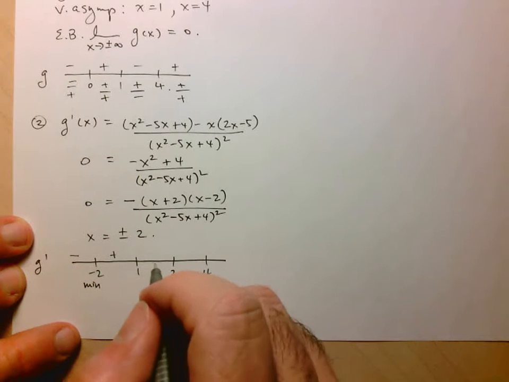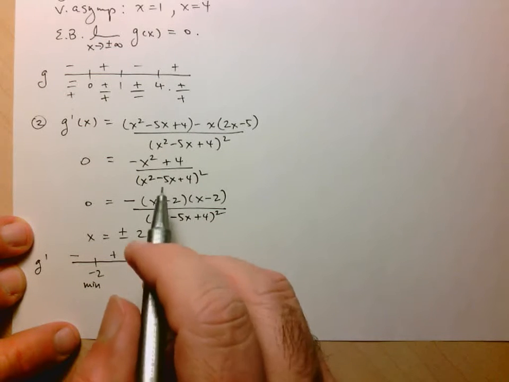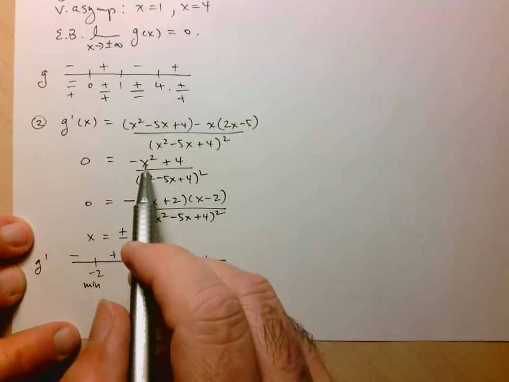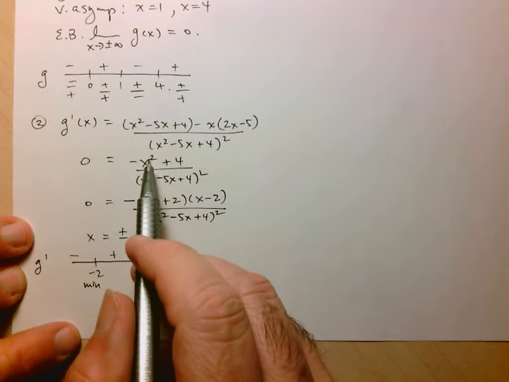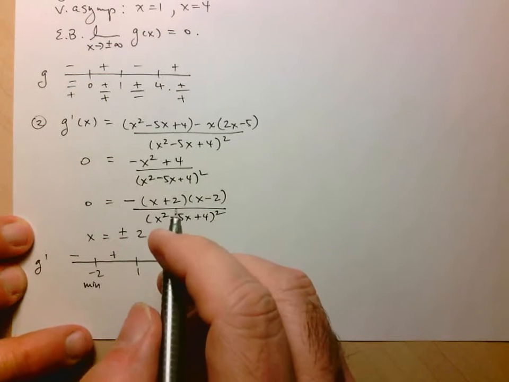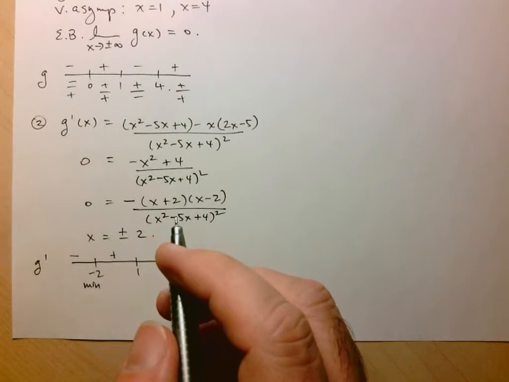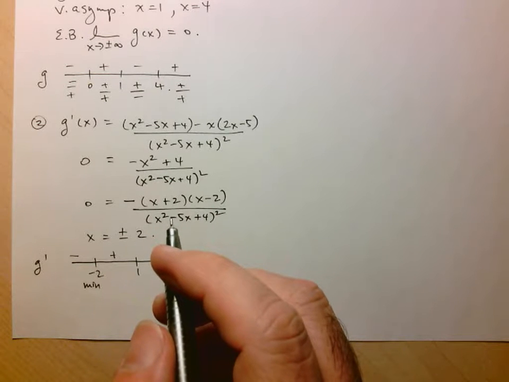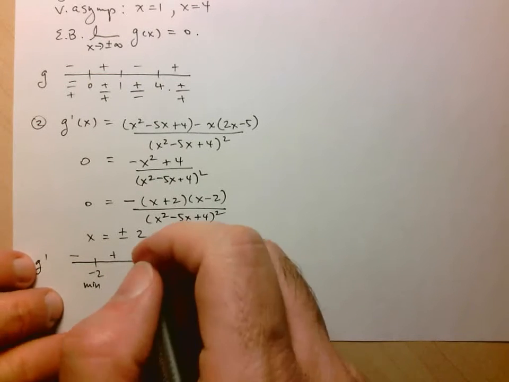So between 1 and 2, let's put in 1.5. 1.5 squared is less than 4, so you have some negative something less than 4, plus 4, that is going to be positive.